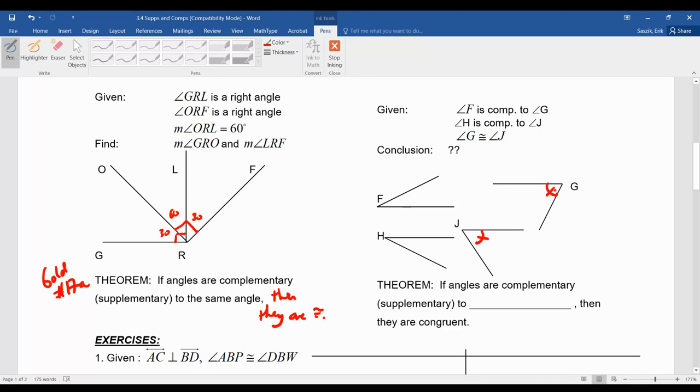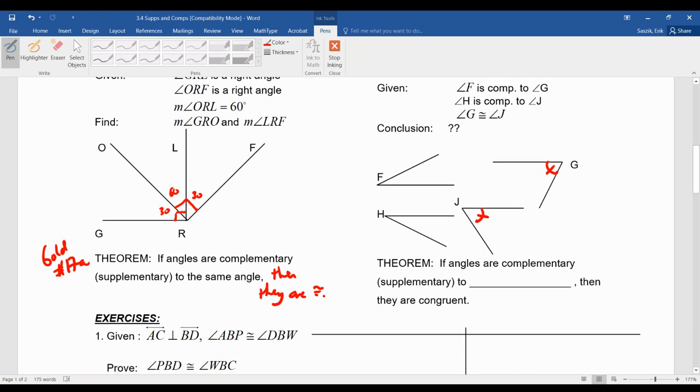F is comp to G, H is comp to J. Well, these two angles are congruent, so I hope it logically follows that these two would have to be congruent, because if angles are comp to congruent angles, it's very similar to this over here, right? Then they are congruent. If angles are comp to congruent angles, then they are congruent.